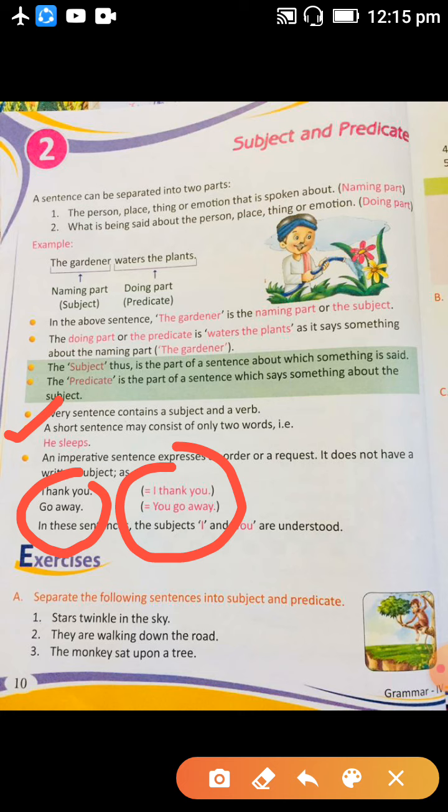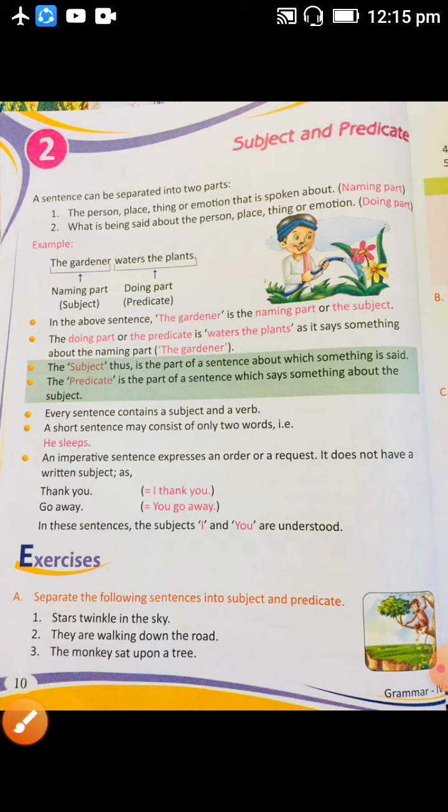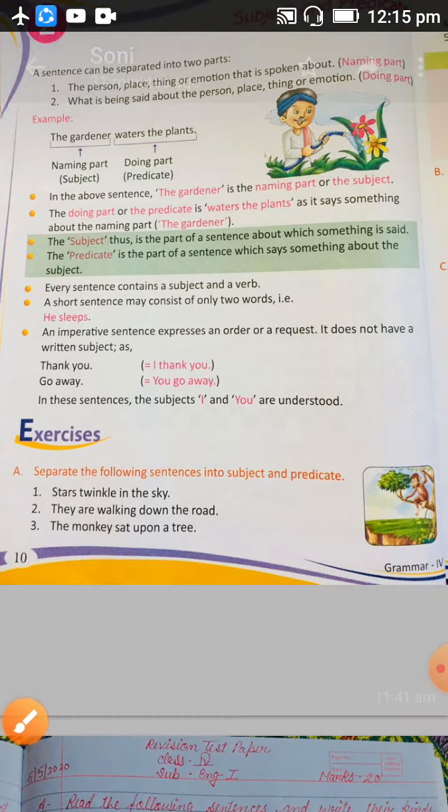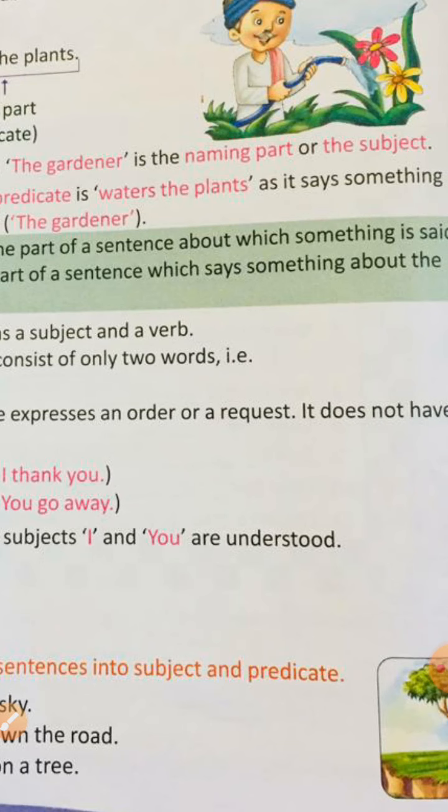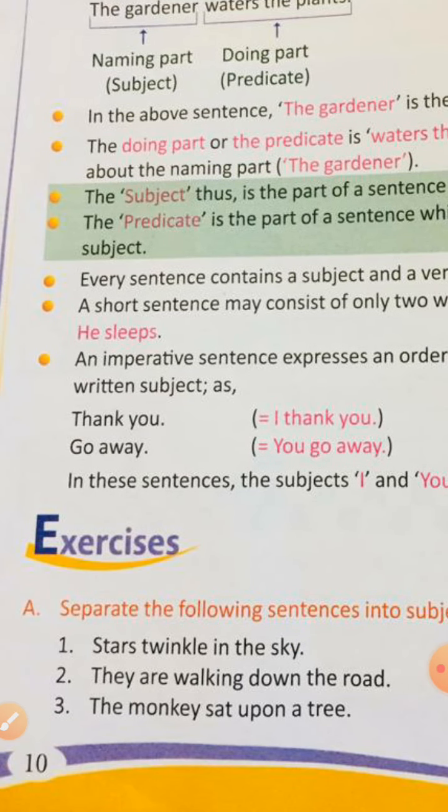Okay. Now come to exercise A. Separate the following sentences into subject and predicate. Just now I told you about the subject, the naming part, and the predicate, the doing part, right? The first sentence is: stars twinkle in the sky.